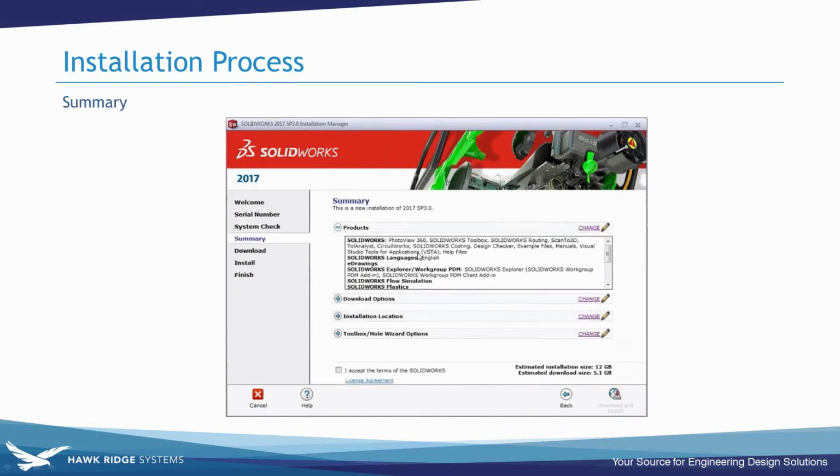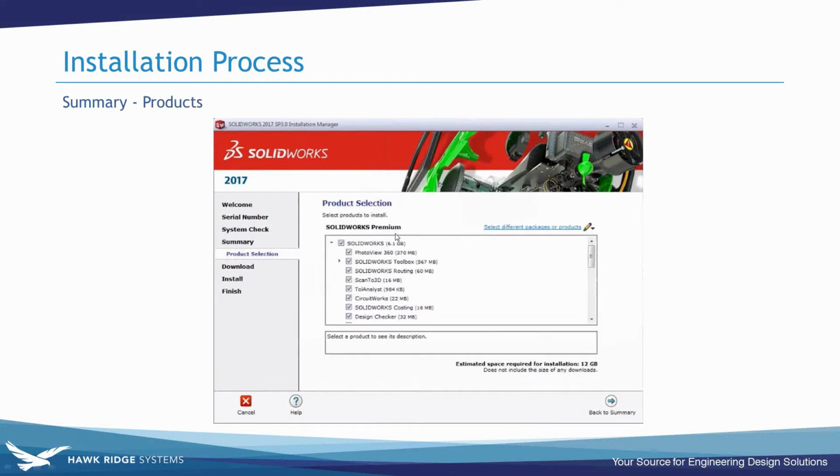In the summary page, you can pick and choose what product you want to install or uninstall. If I select the change option next to product, it'll bring me up to this product selection page. I can unselect things that I don't want to install and select things that I do want to install.